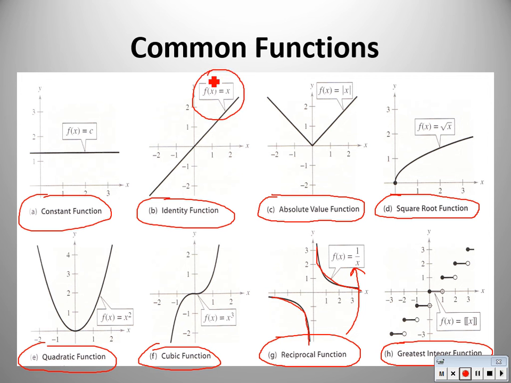You want to memorize those things at some point, so that when we start doing different things next with transformations, you're not using too much brain power thinking about what the name of the different functions are, or what they look like on the graph, or what the equation is for each one of those.